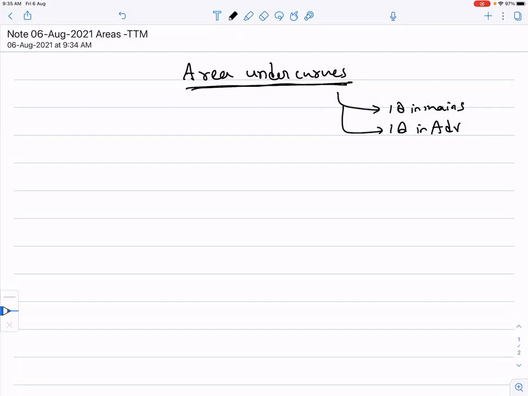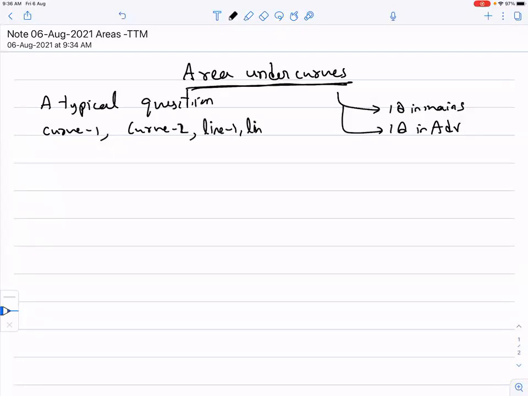A typical question will be like this: you will be given curve 1, curve 2, let's say some lines, line 1, line 2, and we need to find the area enclosed. I'm just broadly giving you the question. There can be many more varieties, but the majority will fall into this type of situation.